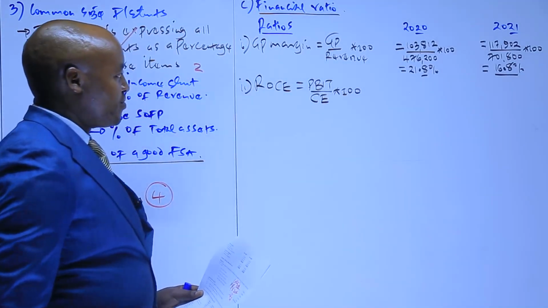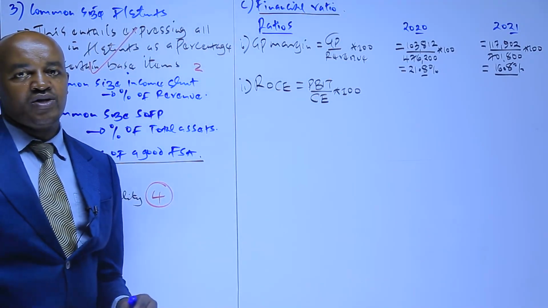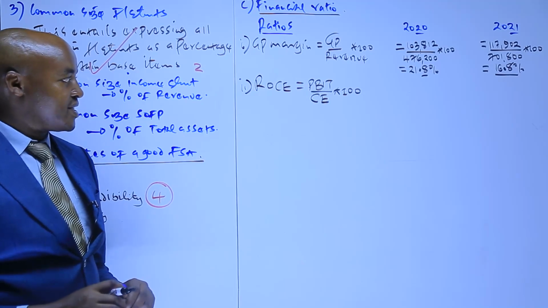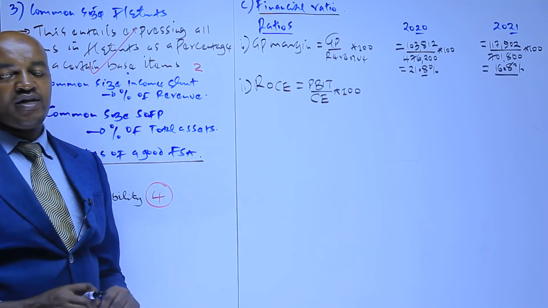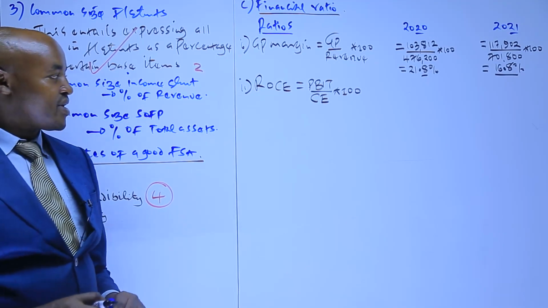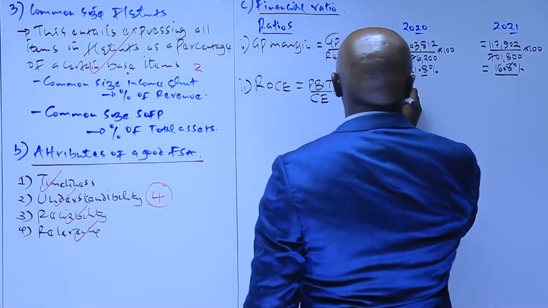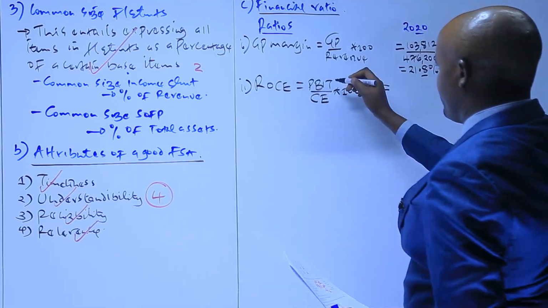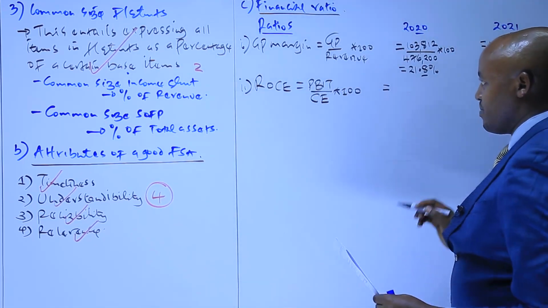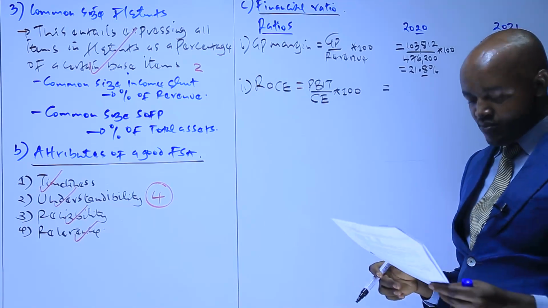The capital employed is computed by taking the total assets minus current liabilities, or alternatively you can take equity plus non-current liabilities. But first of all, we get the profit before interest and tax. The profit before interest and tax is also known as operating profit. You get that from the income statement.